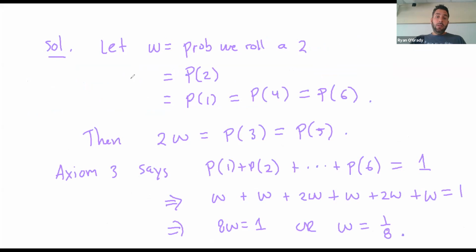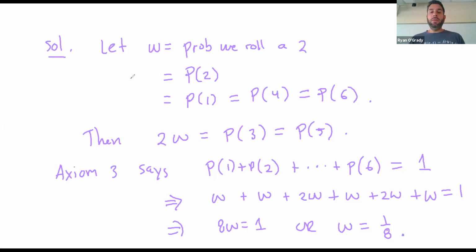Now, the assumption of the problem also said that it's twice as likely to roll a 3 or a 5. So that means that 2 times W would be the likelihood that I roll a 3 and the likelihood that I roll a 5.